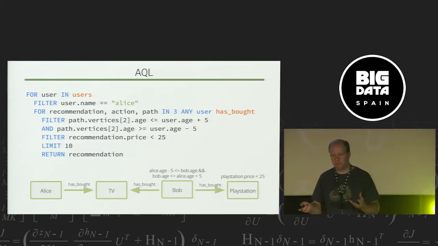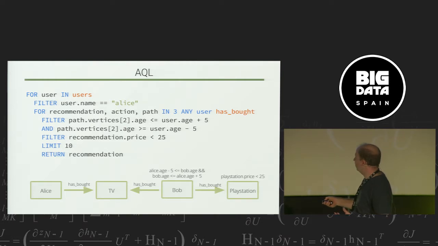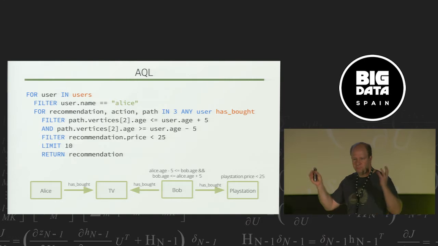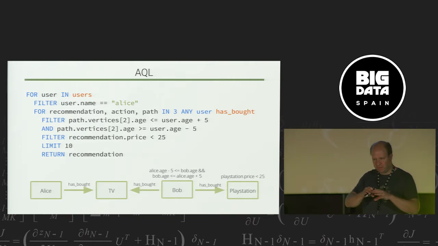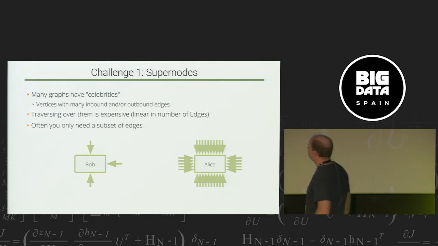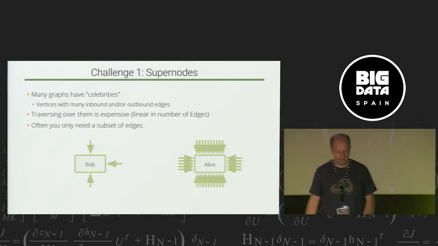Now you can see this runs into trouble if Alice has not only bought a lot of stuff, but this was bought by millions of users, and they have bought yet other products. So it becomes large if there are a lot of such paths. So essentially, we have seen two big challenges here.